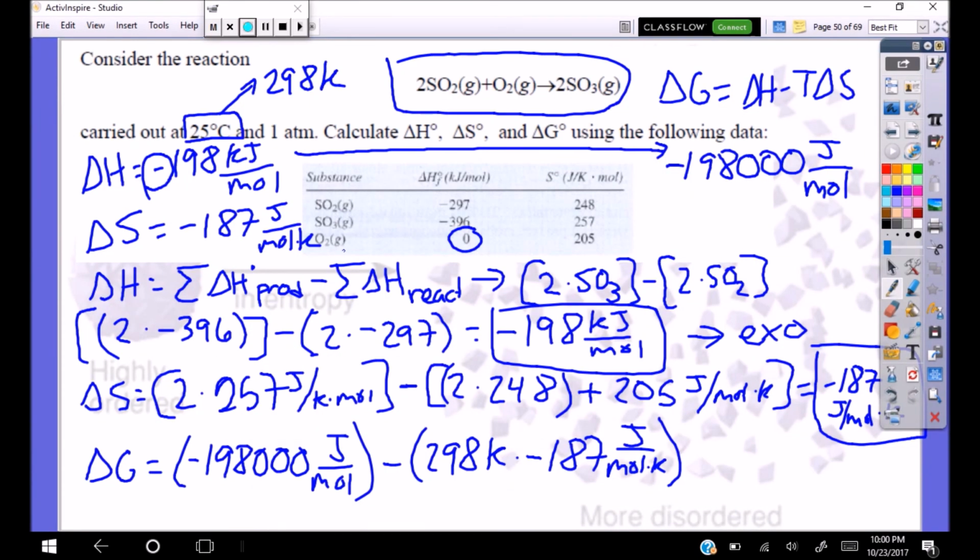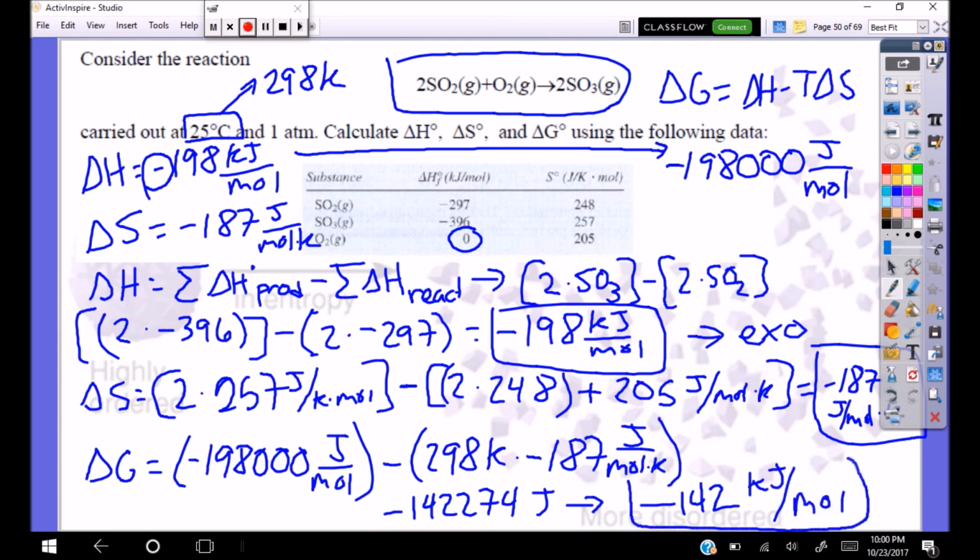We get negative 142,274 joules. Everything we see so far is in 3 sig figs, so let's get this to 3 sig figs and let's convert it to kilojoules. This is going to be a negative 142 kilojoules per mole, and that is my delta G value.